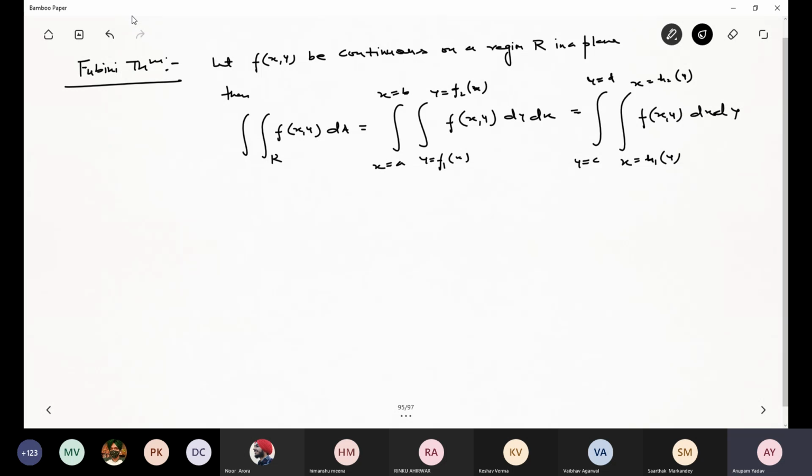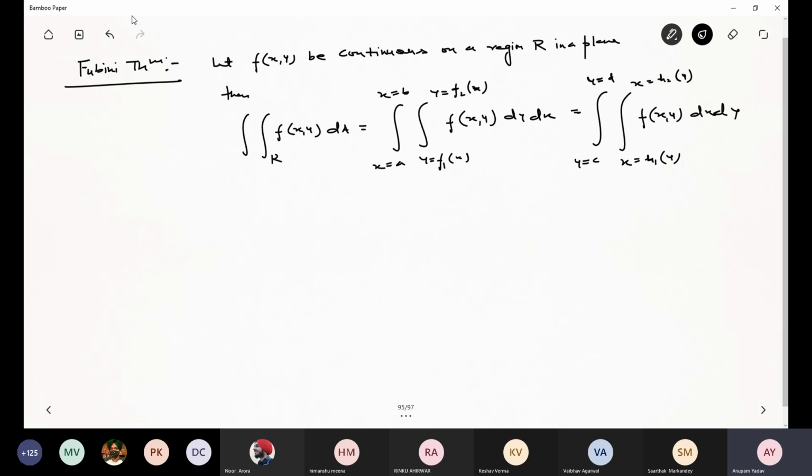I advise you to look for a counter example: try to figure out an example where a discontinuous function is there, and for one order the integral value is different, and for the other order the integral value is totally different.